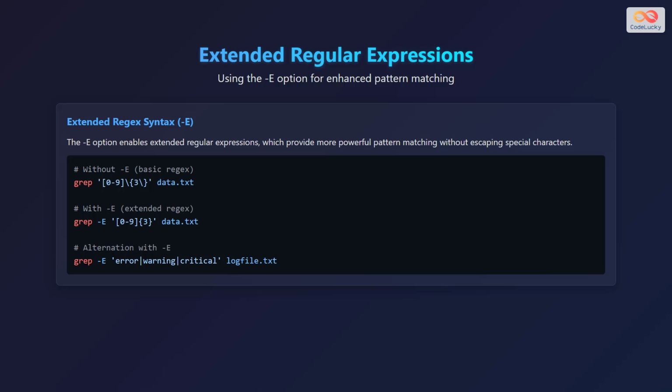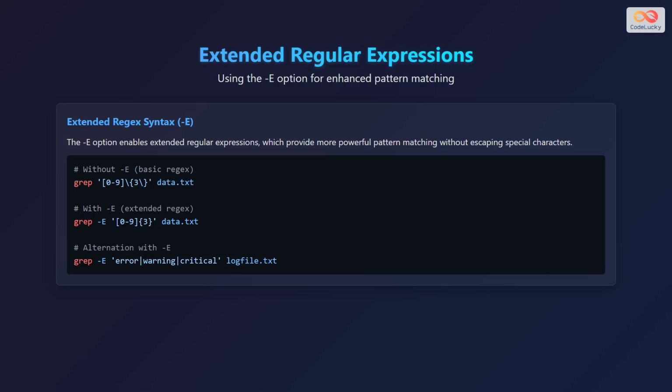For example, grep '[0-9]\{3\}' data.txt is needed for basic regular expression. With the -E option, you can write grep -E '[0-9]{3}' data.txt.